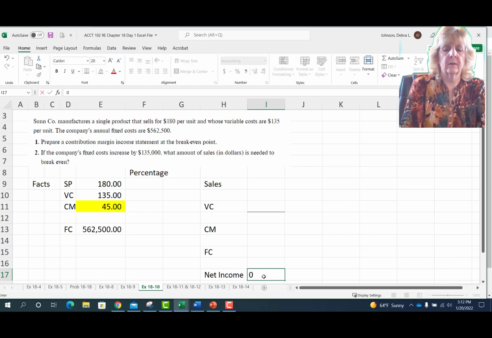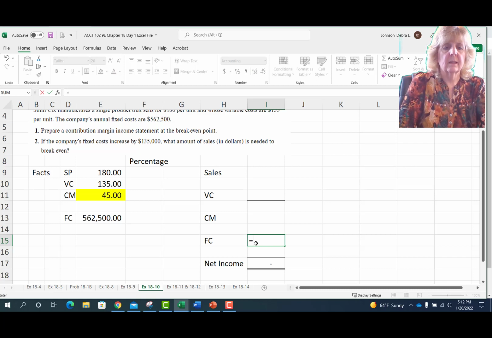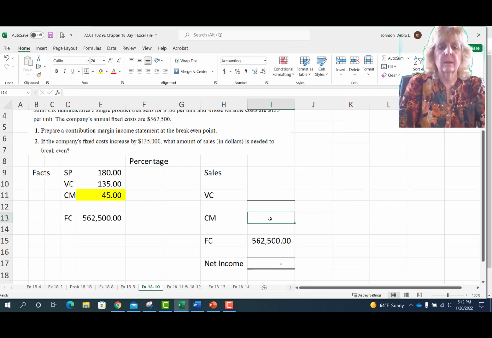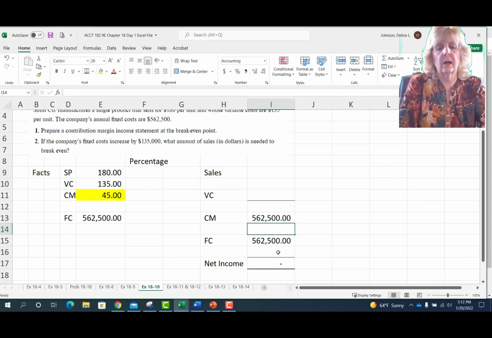I know that at the break-even point, my net income is 0. Since my fixed costs are $562,500 and my net income is 0, that means my contribution margin at the break-even point is equal to the fixed cost. That's what makes that result of 0 work.